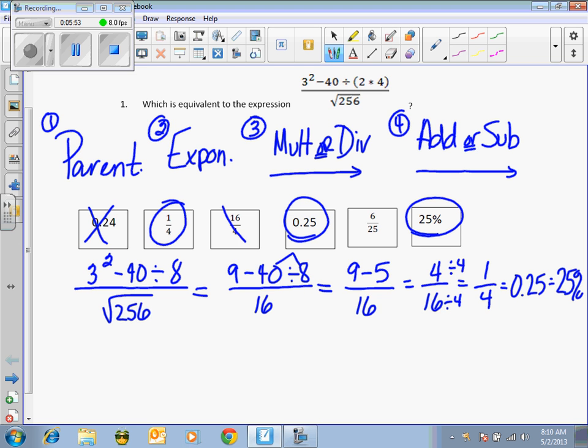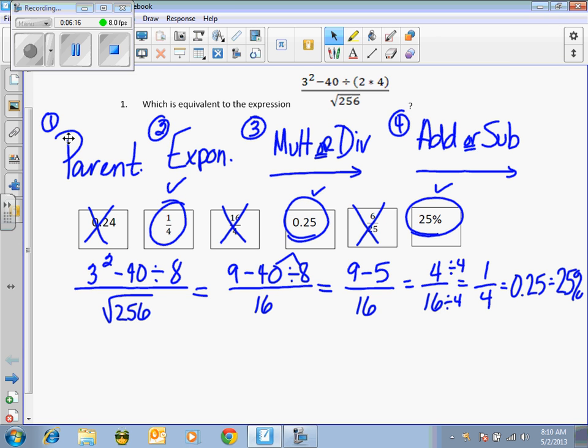But that's not correct either. And then 6 divided by 25. They were counting on some of us making silly errors, and they had that, which of course also equals 0.24. So our correct answers are 1/4, 0.25, and 25%.